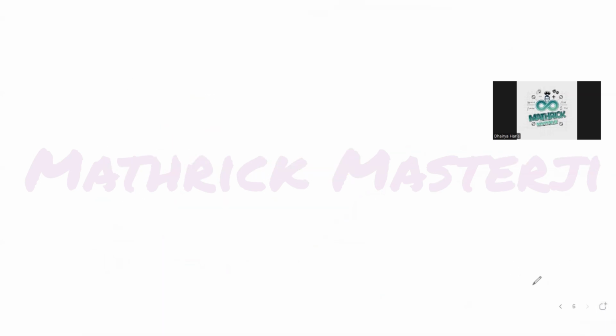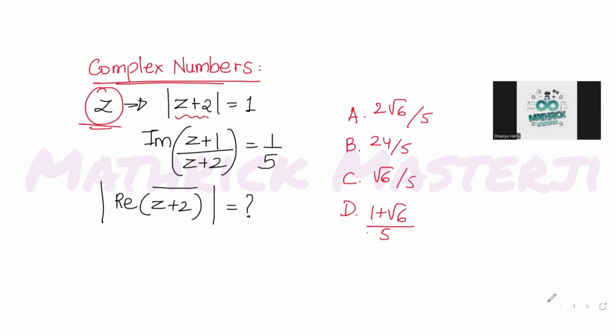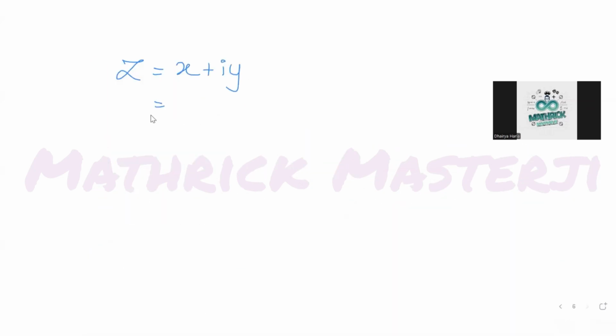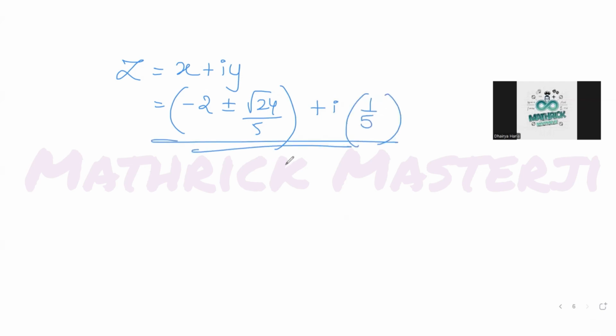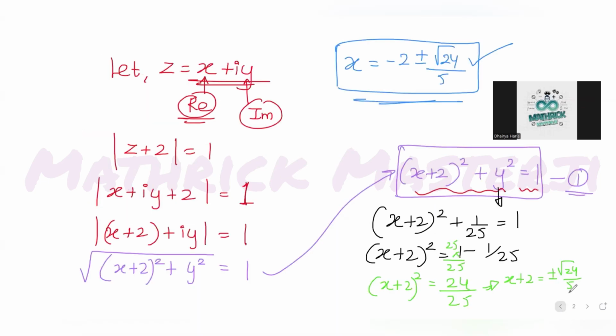Now let's try to do the question. So I have my z, which is x plus iy, where x I have gotten as minus 2 plus minus root of 24 over 5, plus I have gotten y as 1 over 5. That's my z, that's my complex number. Now let's try to solve this further.